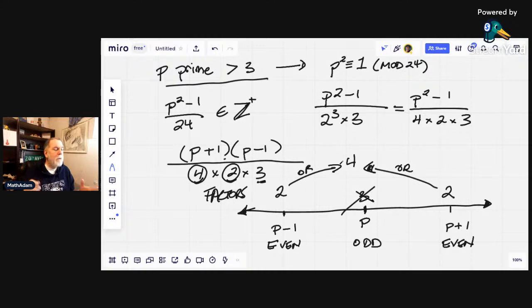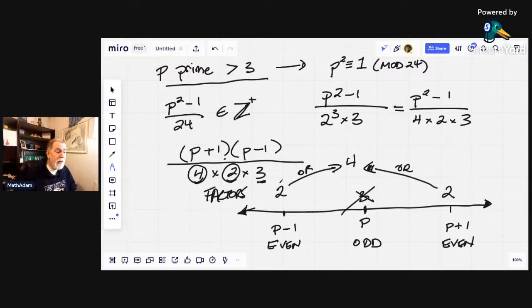But if you have a string of 3 integers, guaranteed 3 will be a factor of one of them, because just as the even integers alternate, even, odd, even, odd, with the integers divisible by 3, you've got 1 divisible by 3, 2 not. 1 divisible by 3, 2 not.